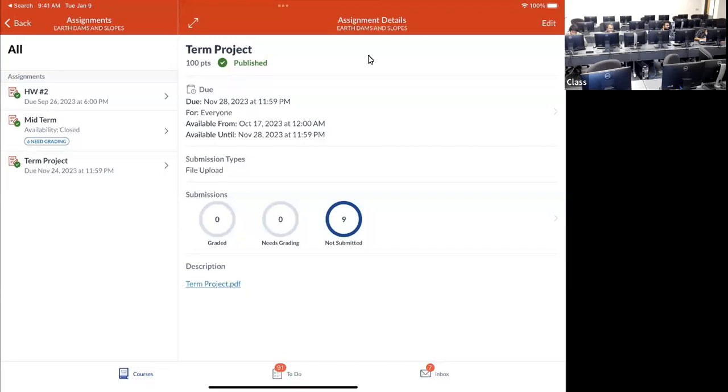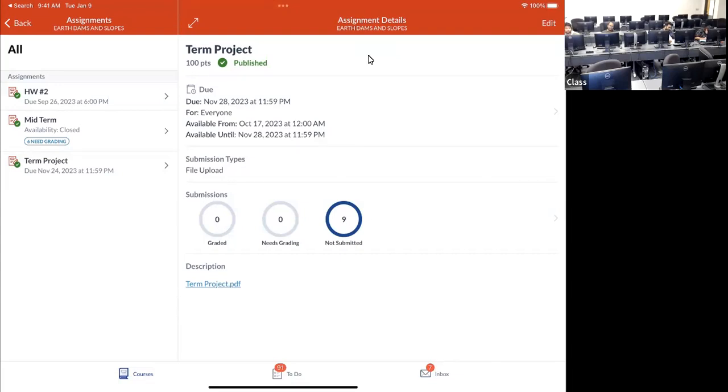The grade is due on 12th. So if the grade is due on 12th, I may allow till the 8th of December.